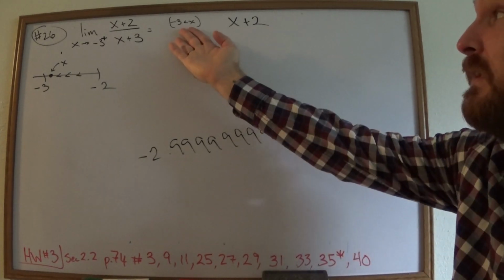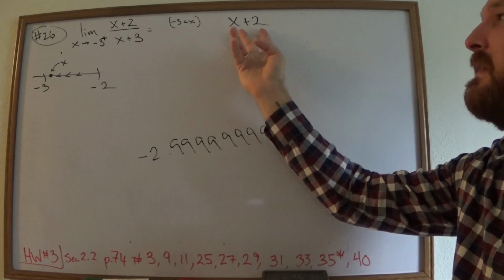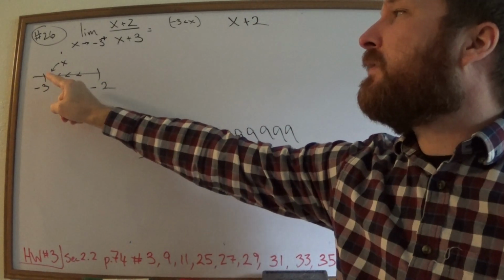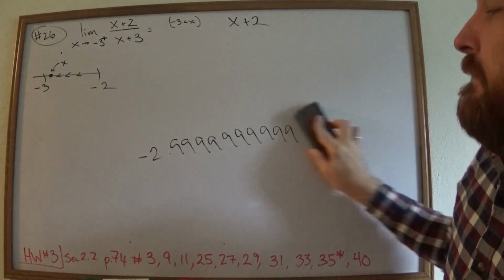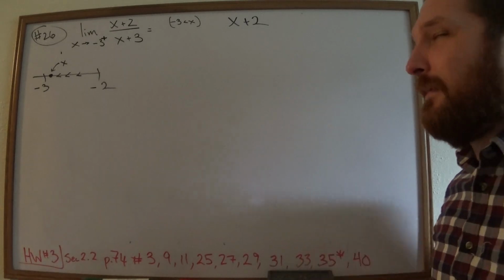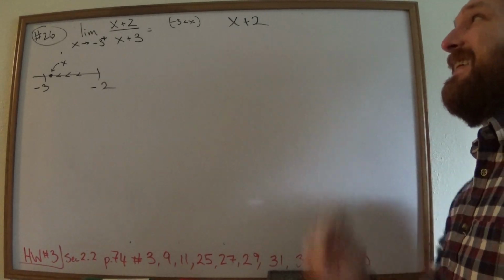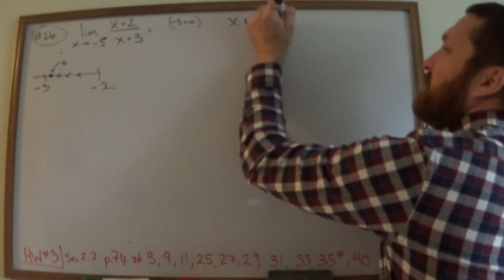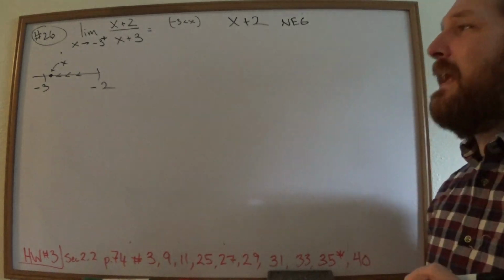If you only knew that X was bigger than -3, you couldn't say anything about this. But we are so close to -3 that it doesn't matter. You could pretty much say, if it were -3, what would that be, positive or negative? You'd say this would be negative. So that's the trick there.